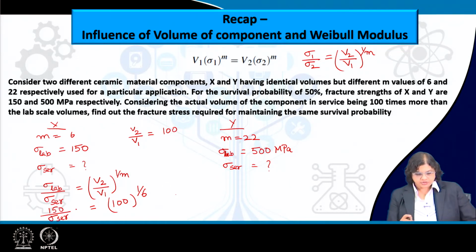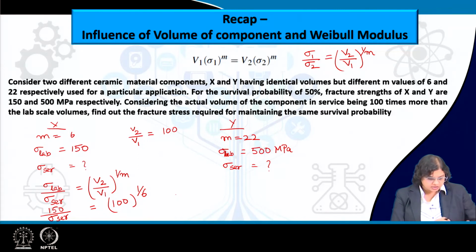Okay. So, if we solve this once again, sigma service for condition x will be something like this. So, let me solve this. 100 to the power of 1 by 6, this is coming around 2.15.